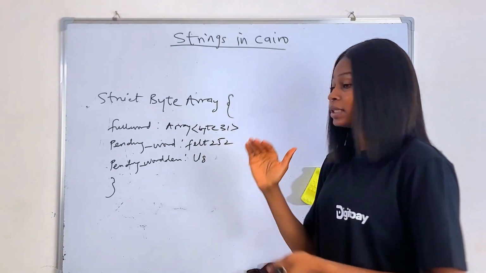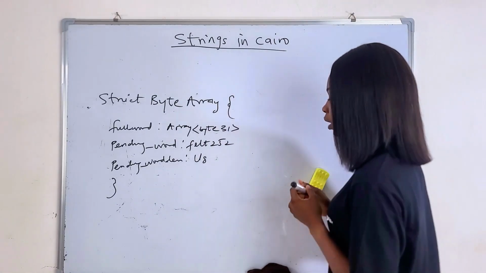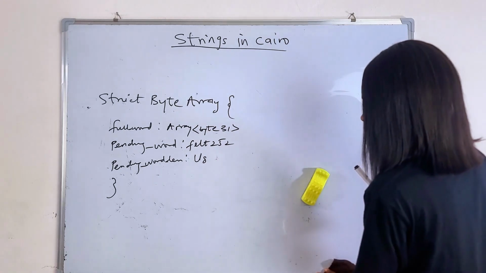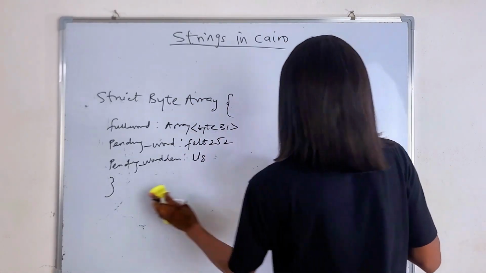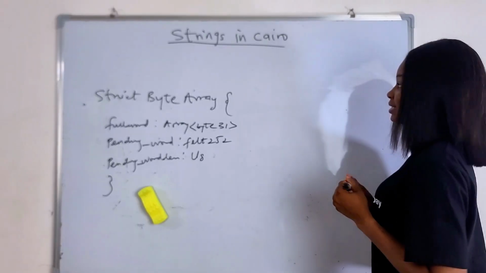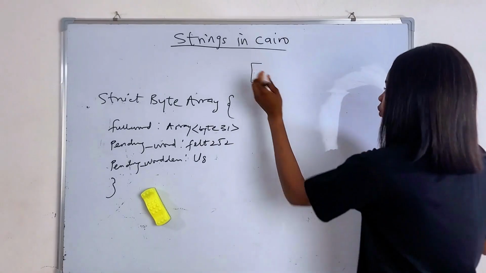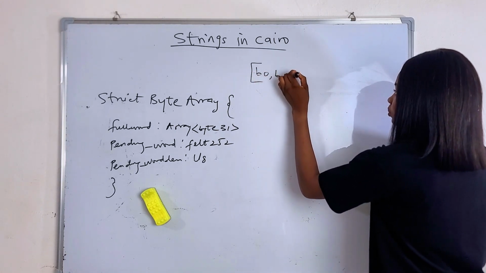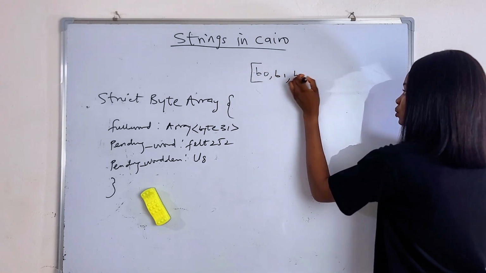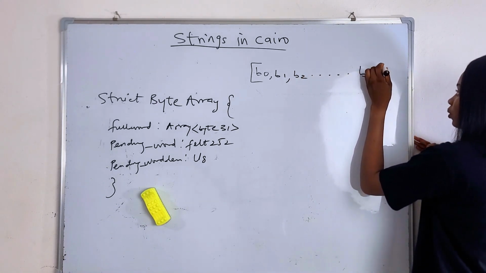So we pack 31 characters by 31 characters. Let's say we have an array of 65 bytes. We have B0, B1, B2, up to byte 64.